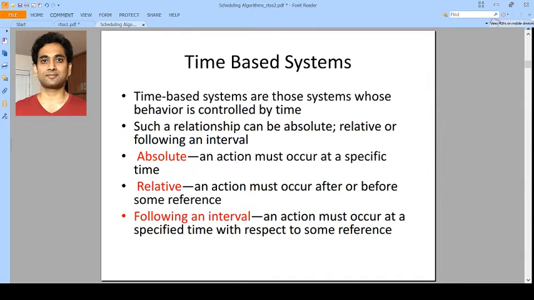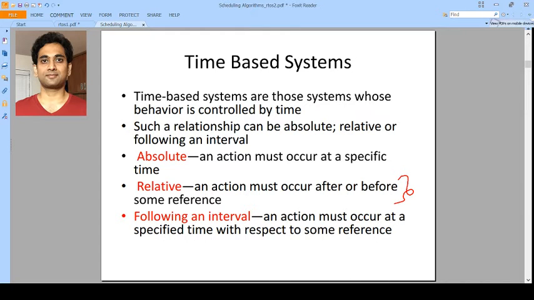So, absolute time-based systems: in such systems an action must occur at a specific real-world time. In relative time-based systems an action must occur before or after some reference.